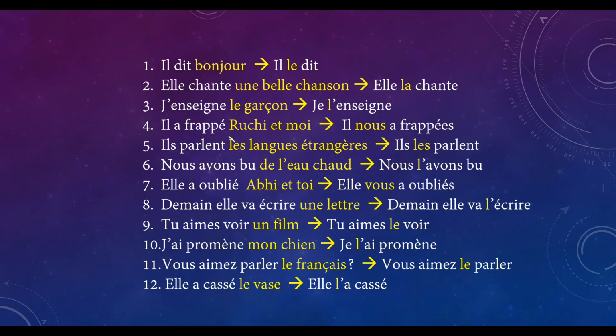Il a frappé Ruchi et moi. He punched me and Ruchi. So me, I'm taking here as a girl. So both Ruchi and moi, it is girl. So Ruchi and moi becomes us. He punched us. So for us, we use nous.